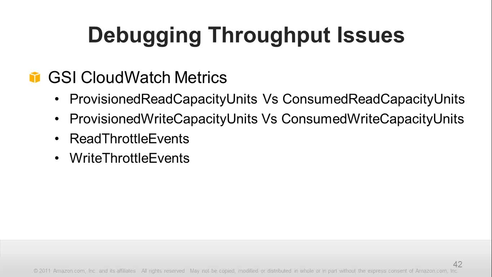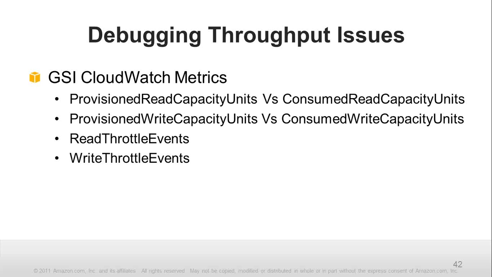That brings us to the next slide, which is the CloudWatch metrics. For every global secondary index, we surface several CloudWatch metrics. For example, we surface provisioned read capacity units and consumed read capacity units. We also surface provisioned write capacity units as well as consumed write capacity units.